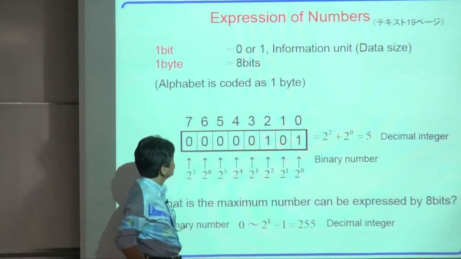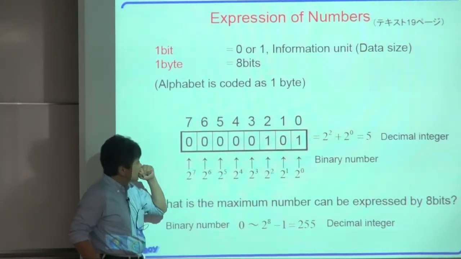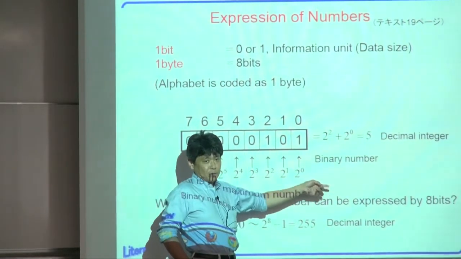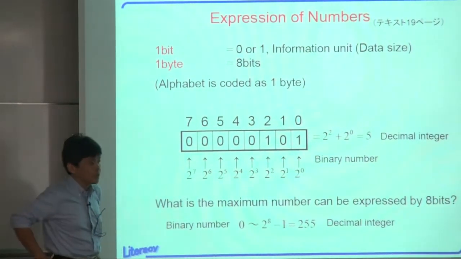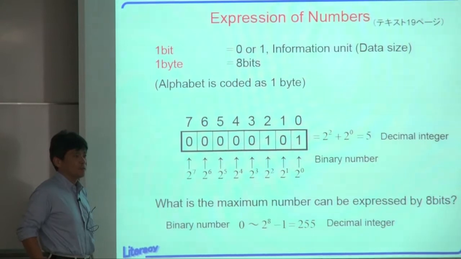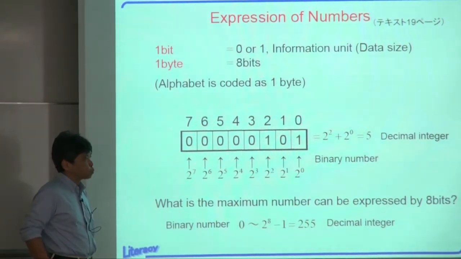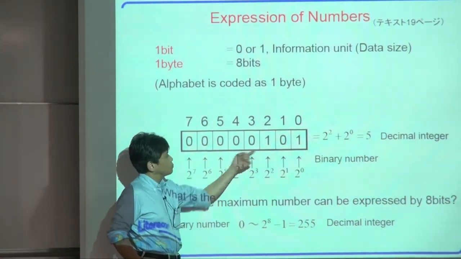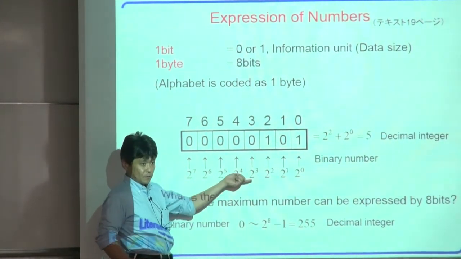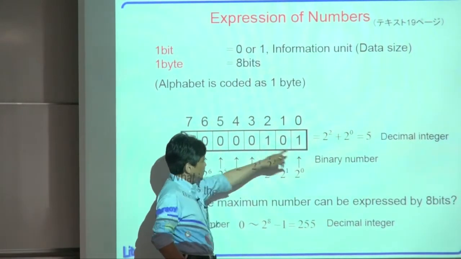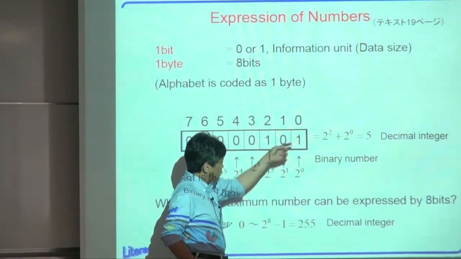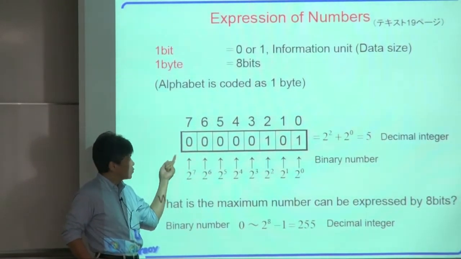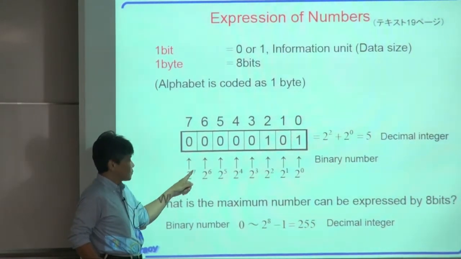In computer systems, all numbers are treated as binary numbers, 0 or 1. If you want to treat an integer number, such a number should have a 1 byte length. In the computer system, 8 bits are prepared in the memory. The rightmost place is treated as 2 to the 0th power, and the leftmost bit place is treated as 2 to the 7th power.